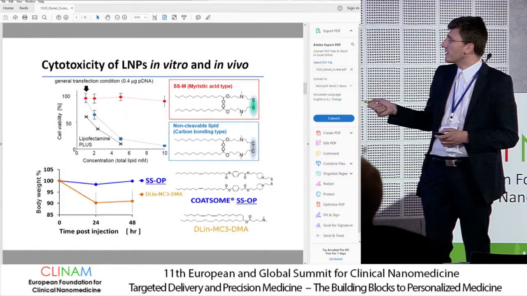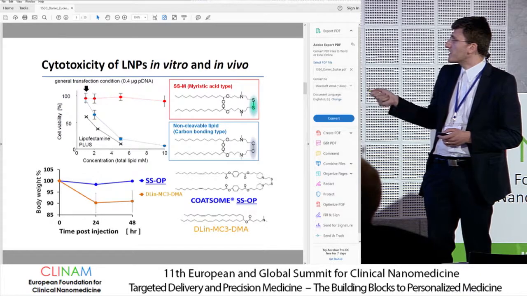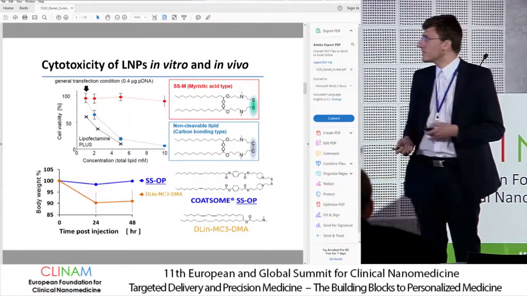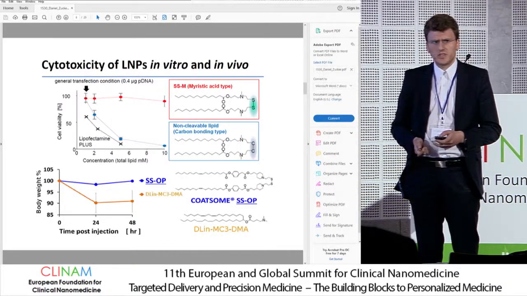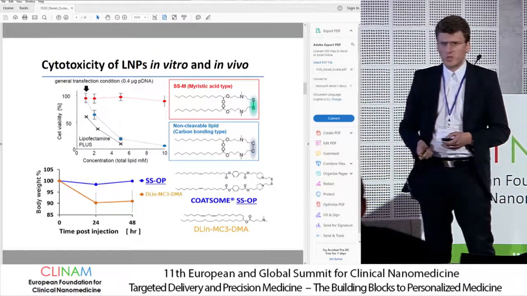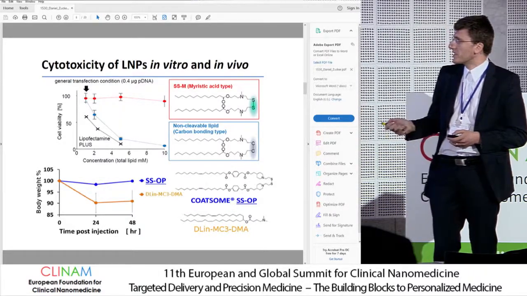However, if we change it a little bit and exchange the disulfide bridge for an alkyl bond, then the toxicity of the lipid drastically increases, and it becomes similar to what is observed with other cationic systems, such as Lipofectamine.